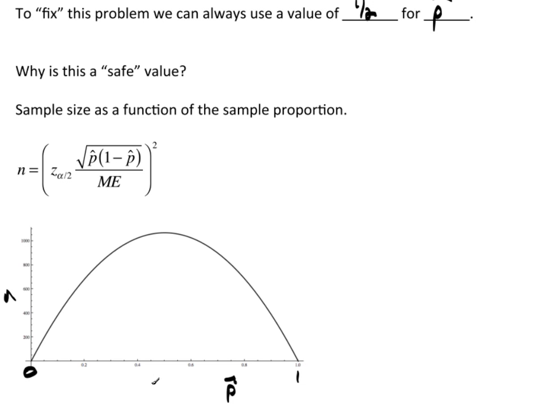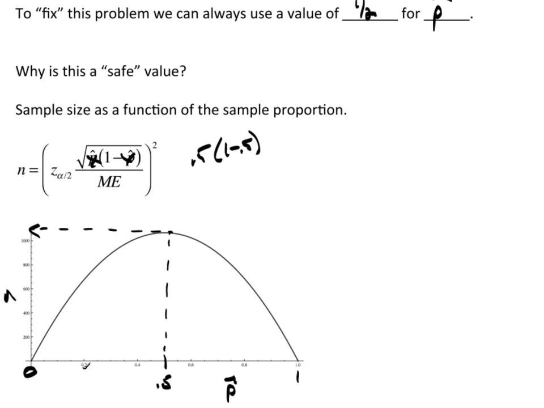Well, notice right here down the middle is a value of 0.5, and that results in the highest value for n. So if I put 0.5 in my sample size calculation, so it's 0.5 times 1 minus 0.5, that will ensure that I have the absolute largest sample size possible.